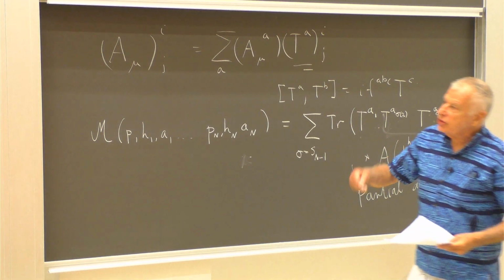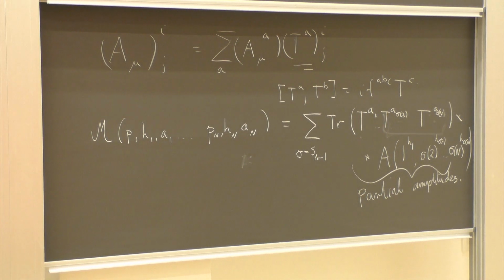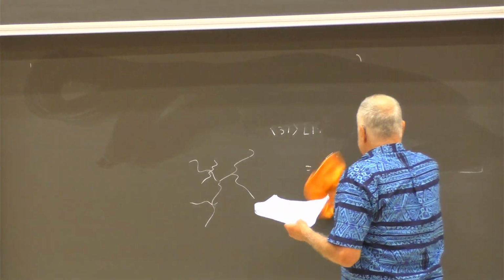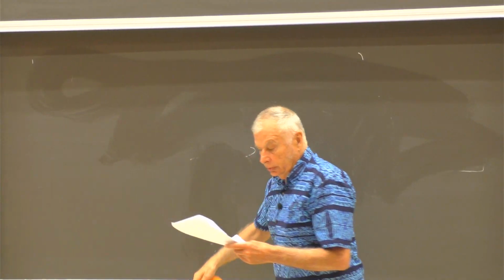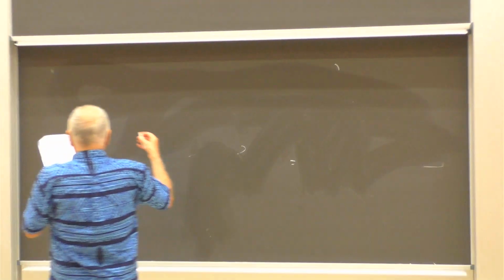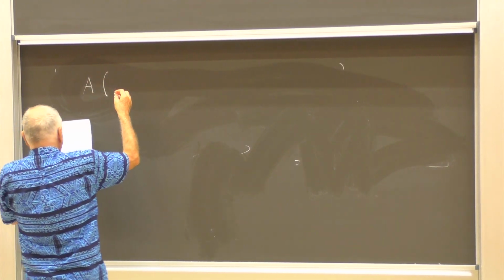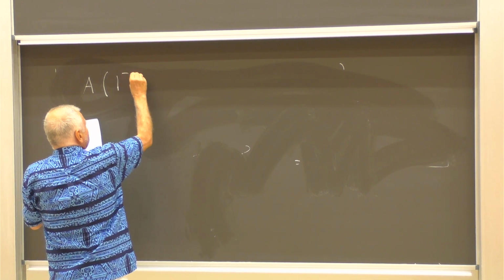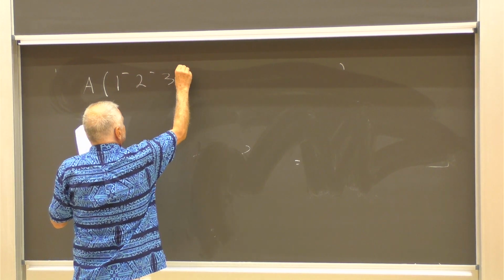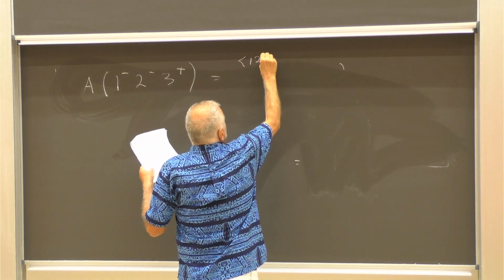To go back to the example I had before, I will now write the partial amplitude. In this case you have two partial amplitudes: one with 1 minus, 2 minus, and 3 plus.